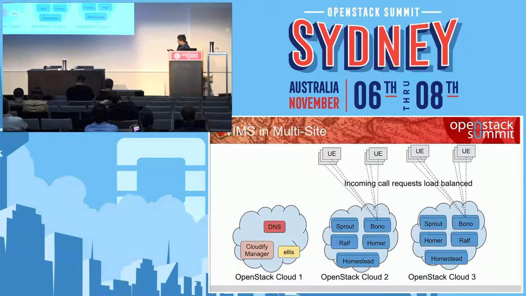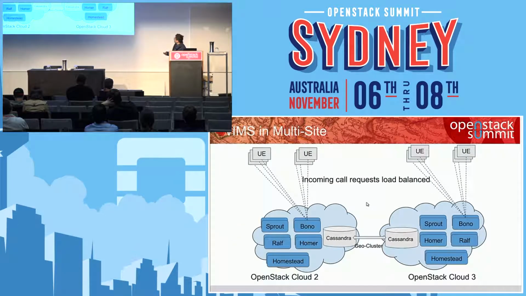When the UE, mobile phone, or web-based RTC initiates a call, all the call requests will be load balanced between different clouds. This is achieved because we have a geography redundancy database. We use Cassandra to replicate the data between different clouds.